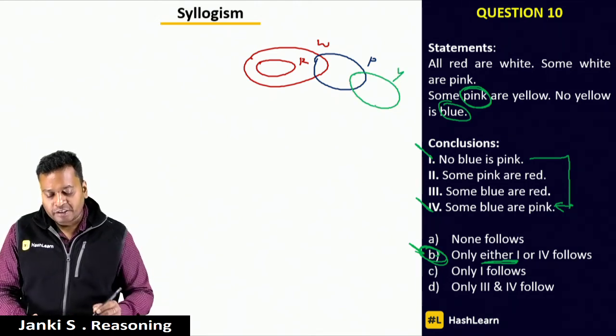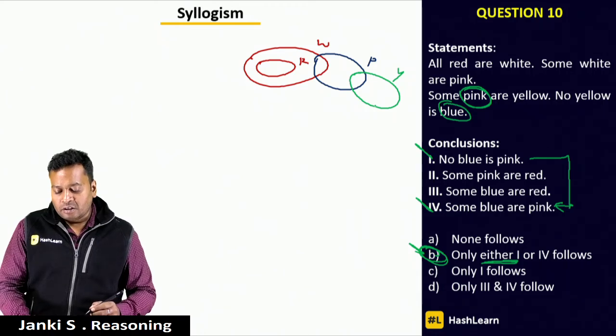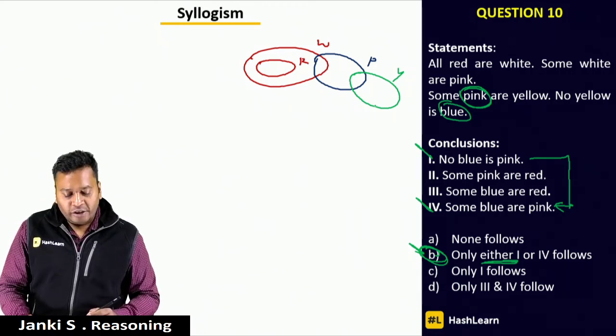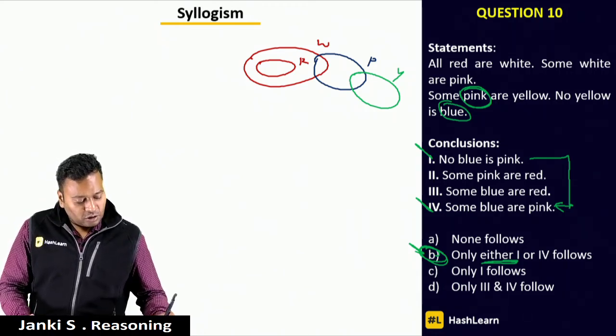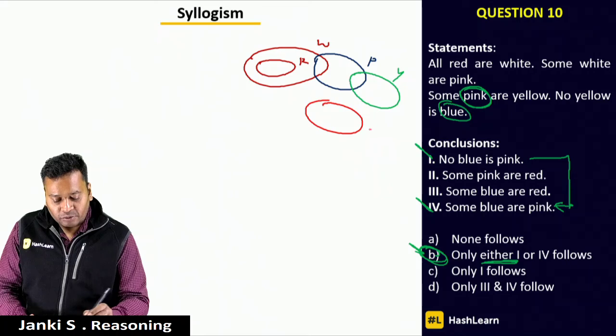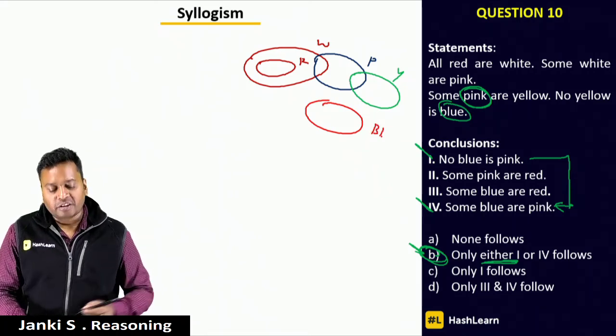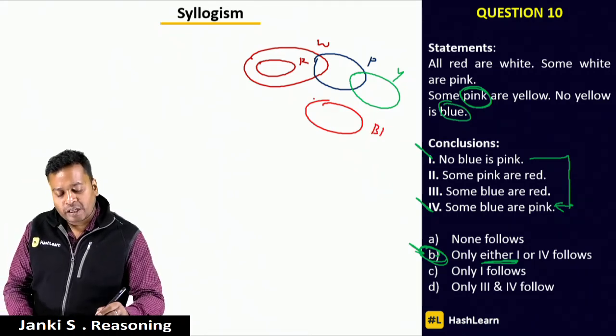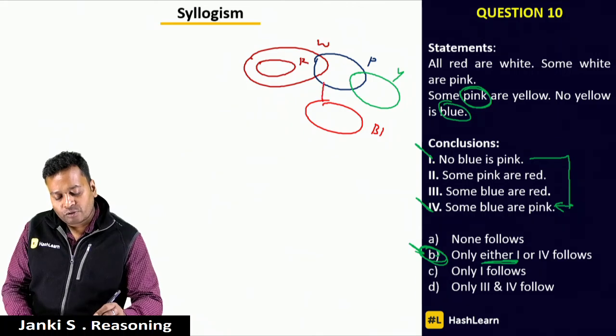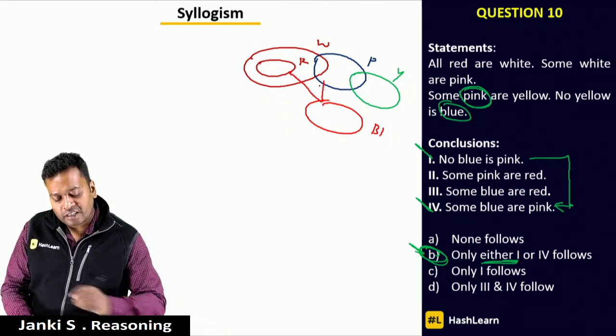Suppose some pink are yellow and now it's given no yellow is blue, right. So now blue can be anywhere, right. So blue can be anywhere. I'm talking about blue at this point for the time being, right. So blue can be here, also can move inside this, anywhere, right.